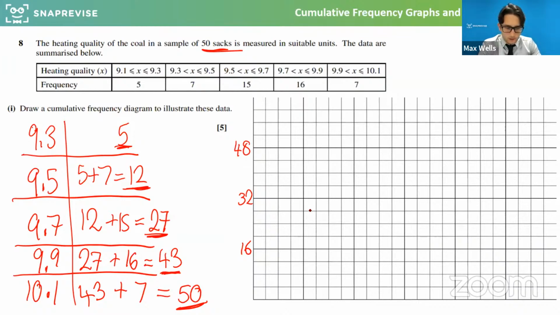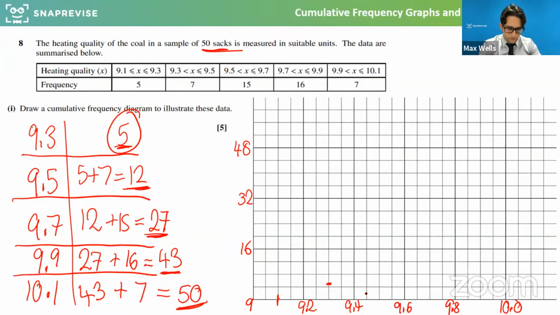And then along here, if we go from 9, maybe 9.2. Now this starts at 9.1, which is here. Then at 9.3, we're plotting it up at 5, which would be about there.